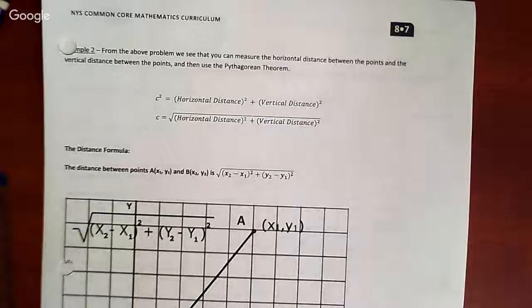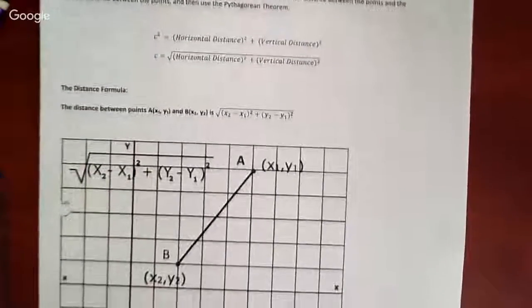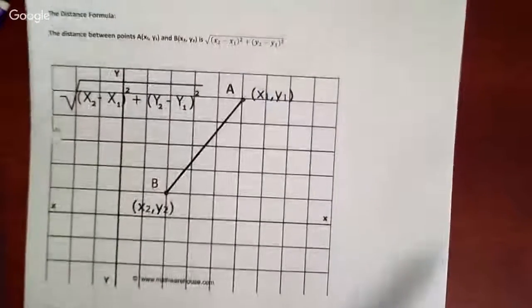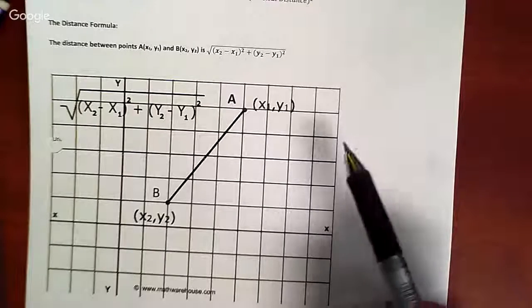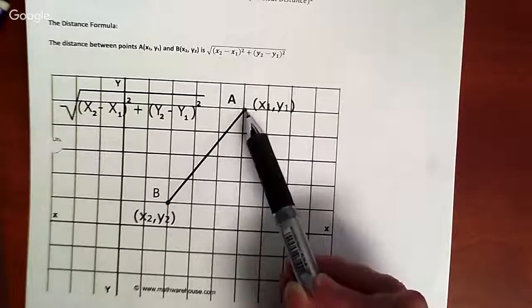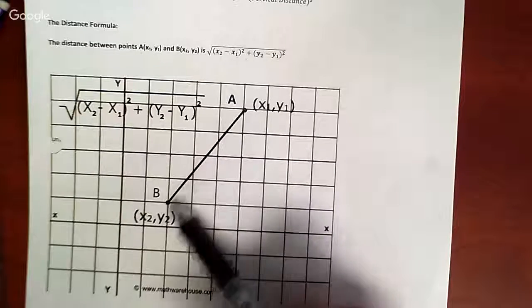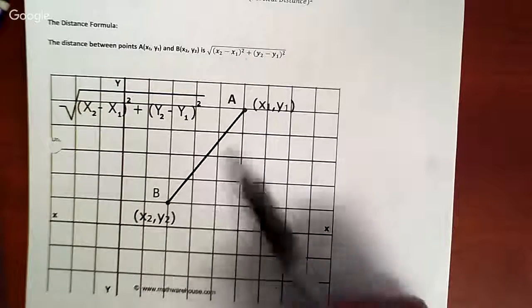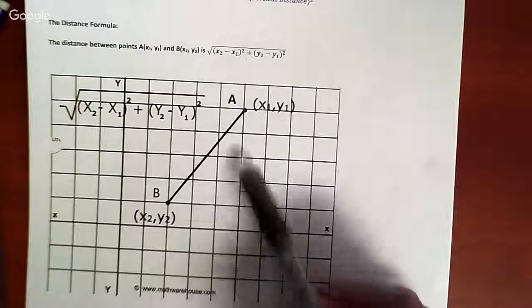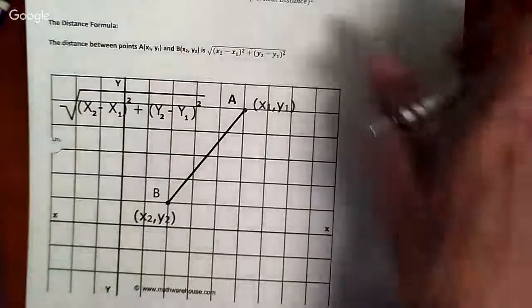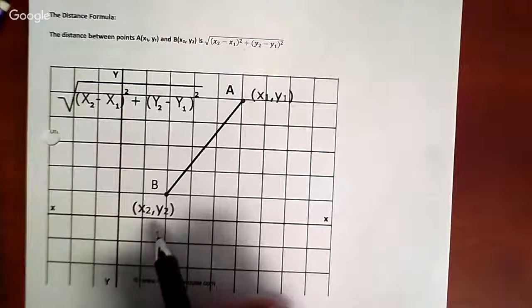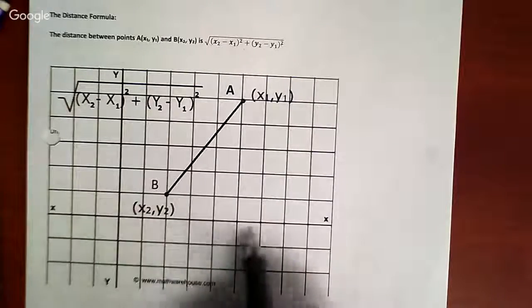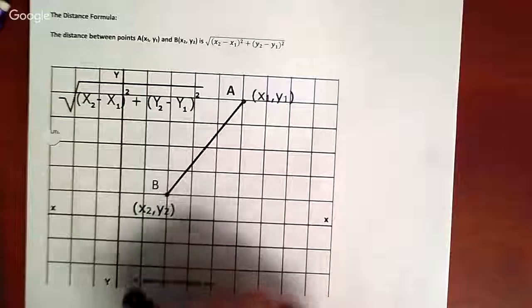So for example, if I have 2 points here and here, I can find the distance between these 2 points without having to find the triangle, by simply using the points themselves. Here's my x-axis, here's my y-axis.